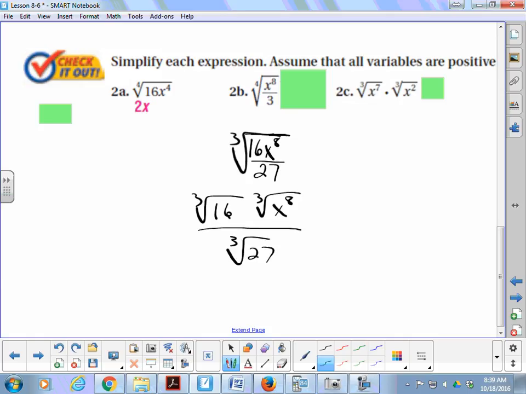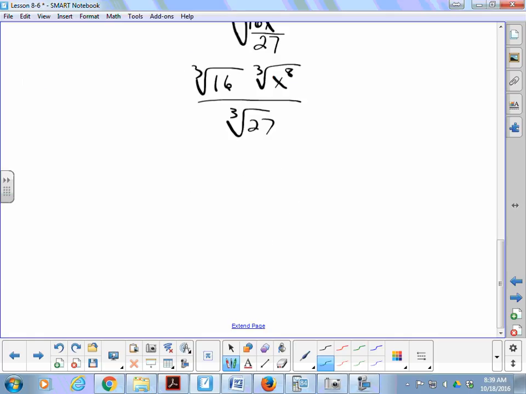All right, so 27, we know that's 3. Okay. 16, there's no cube root of 16. All right. But 8 goes into 16, so we can rewrite this as the cube root of 8 and the cube root of 2.